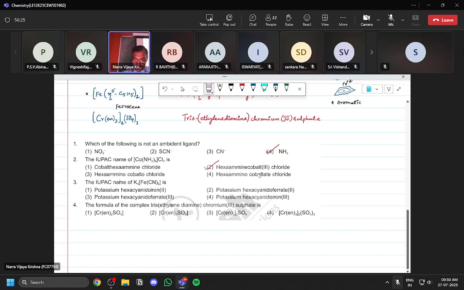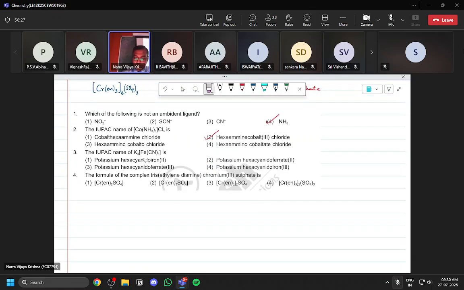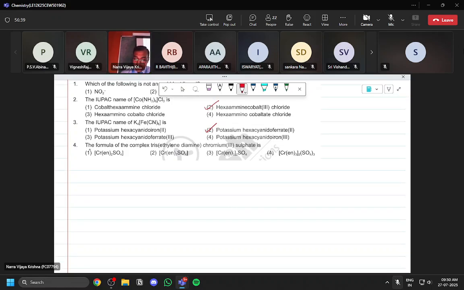Next, this we have already seen: potassium hexacyanidoferrate(II). Correct? Just now we have seen. Option 4, tris(ethylenediamine)chromium(III) sulfate. Fourth option. Option 4. Right. Next.